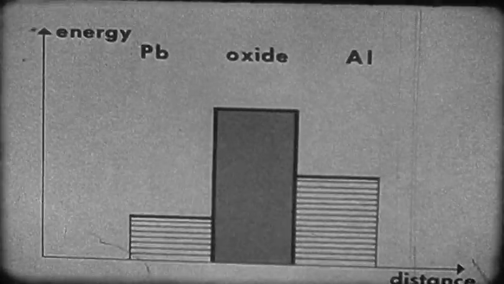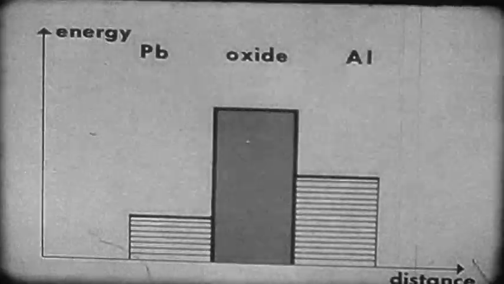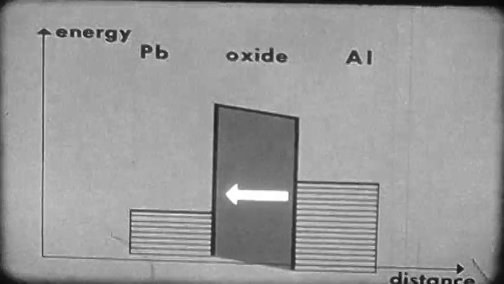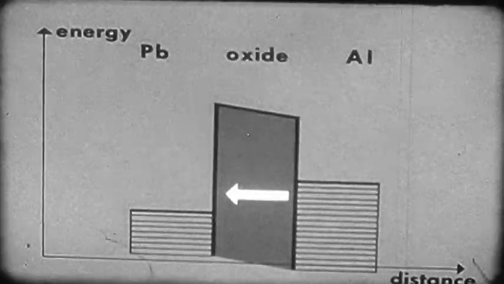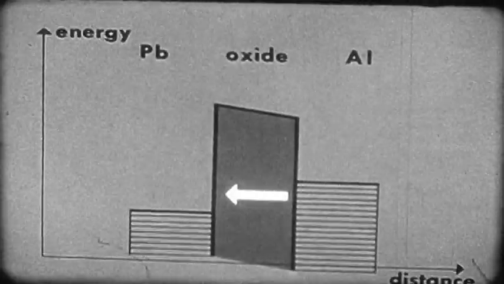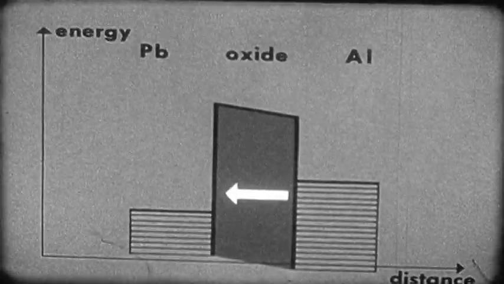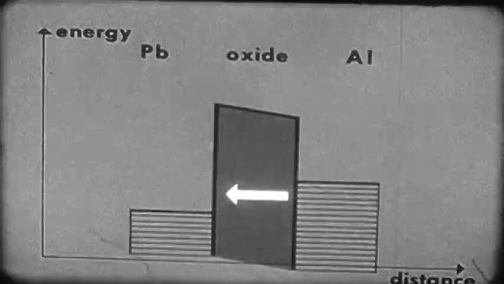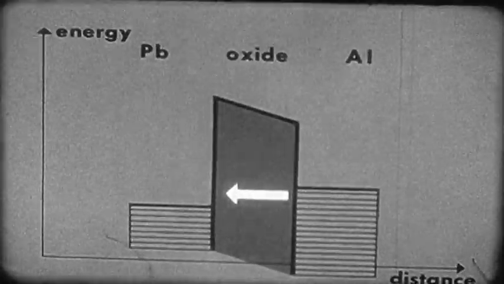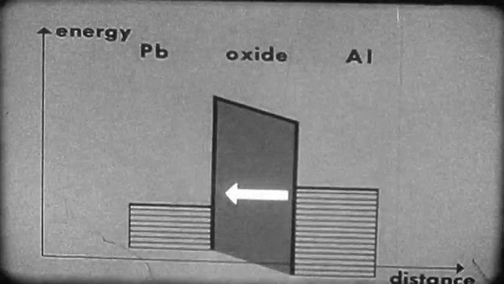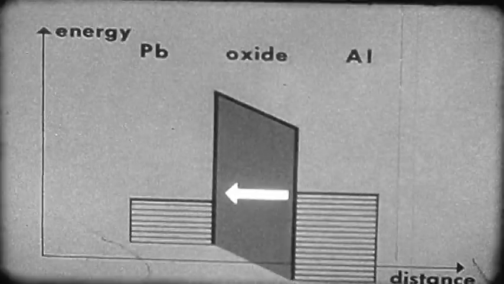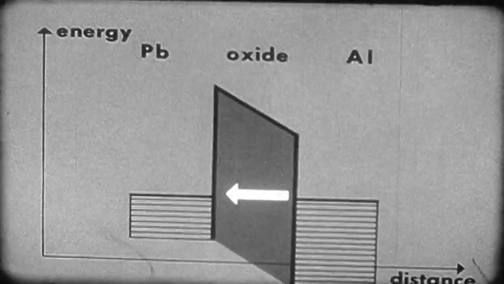But in the junction we have here, the metals are in contact through the oxide layer via the tunneling process. Tunneling does take place, and so a net number of electrons moves from one side to the other until the highest occupied levels equalize. At this point, no further net exchange of tunneling electrons will occur. A consequence of this transfer of electrons is to raise the electrical potential of one metal layer and lower that of the other.